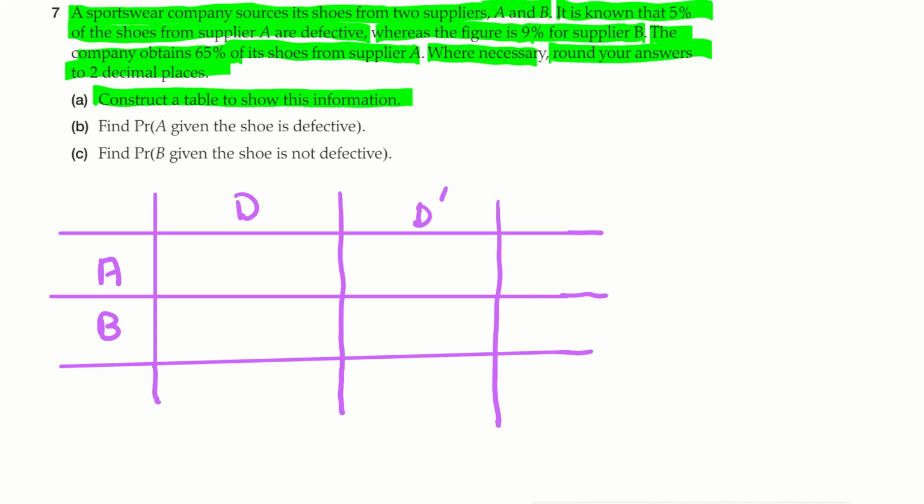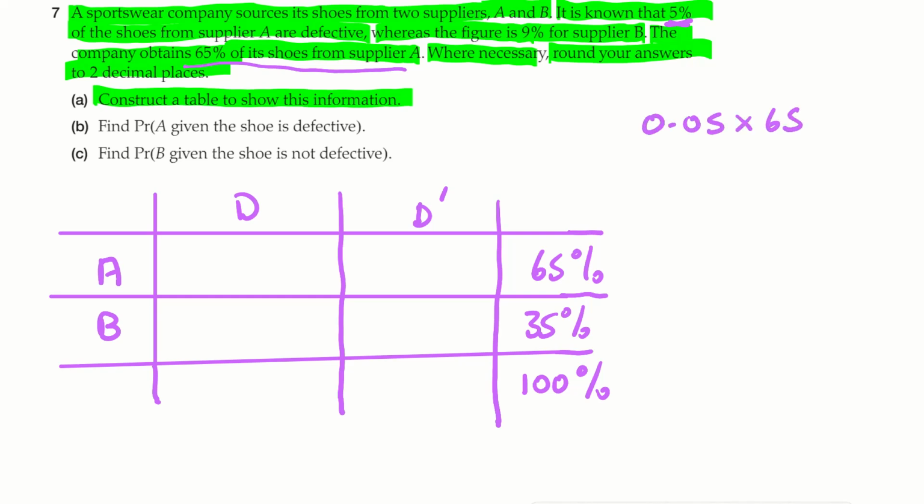They get 65% of the shoes from supplier A. So this would be 65%, meaning this has to be 35%, making up the 100%. From supplier A, 5% are defective. So we need to do 0.05 times 65.